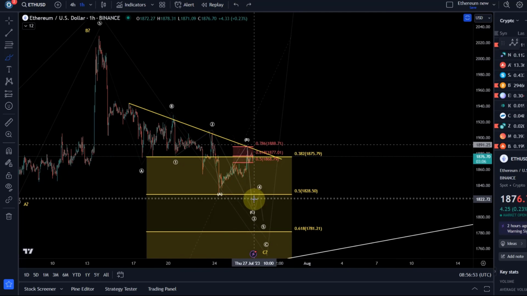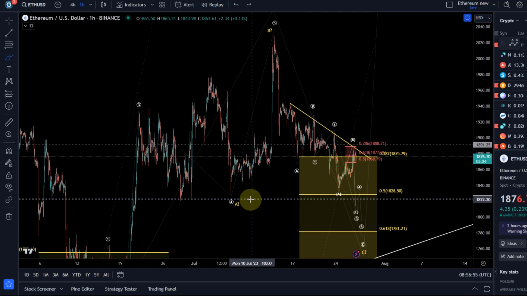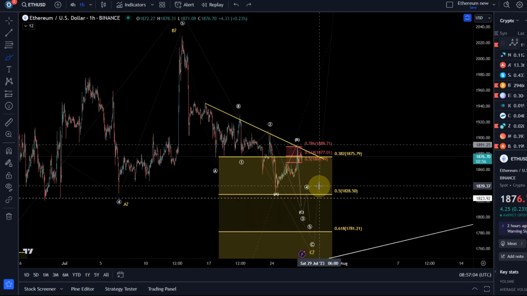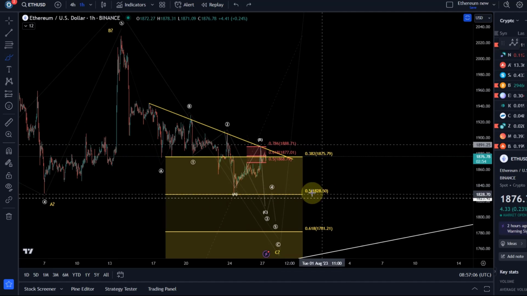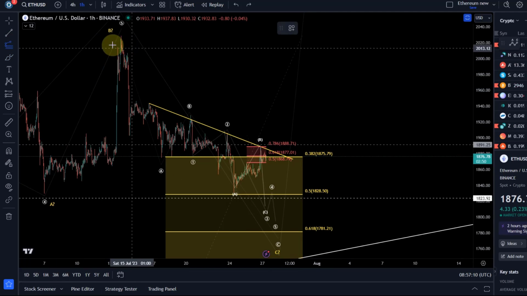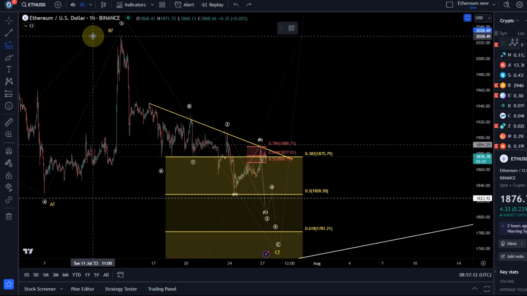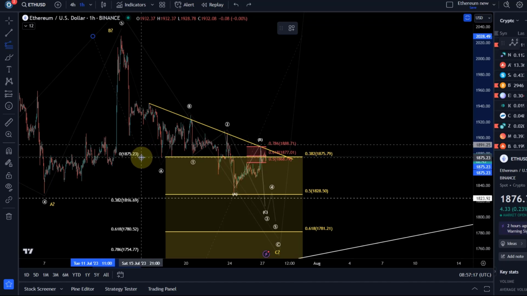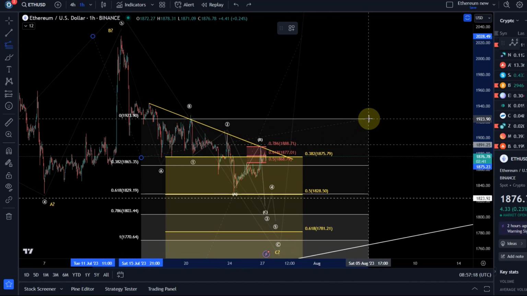We have a support cluster around 1820 to 1830. We have structural support, as you can see here if I zoom out a bit. That's all previous structure at around 1820, 1830. We have the 50% Fibonacci retracement level here at 1828. If I measure the A to C target, what you need to know is that oftentimes the C wave has the same length as the A wave.